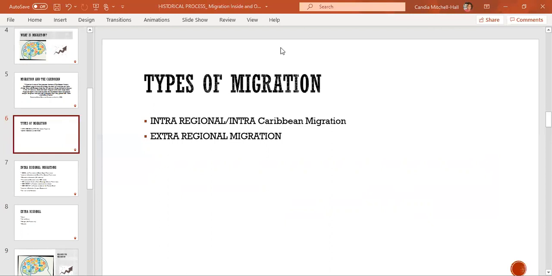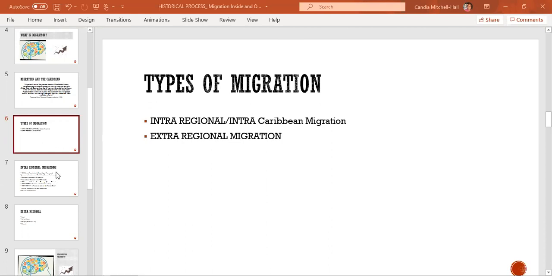Migration between the Caribbean countries. You are correct. Anyone want to give an example of inter-regional? Sir, like migrating from Jamaica to Barbados. From Jamaica to Barbados is one example of inter-regional migration.